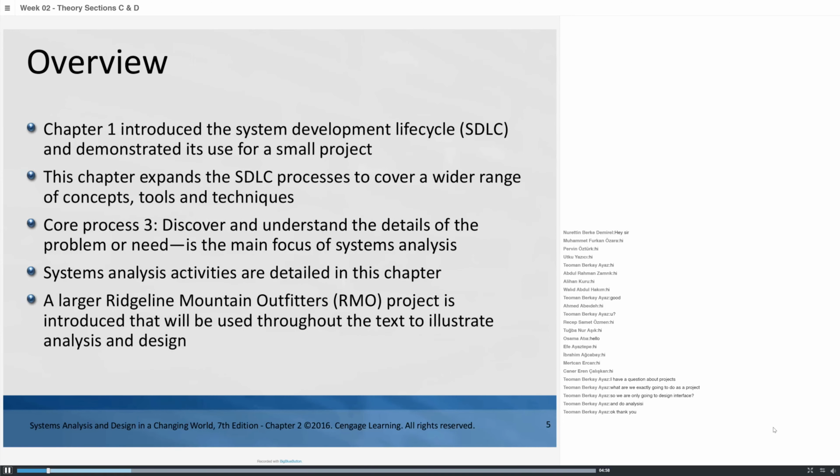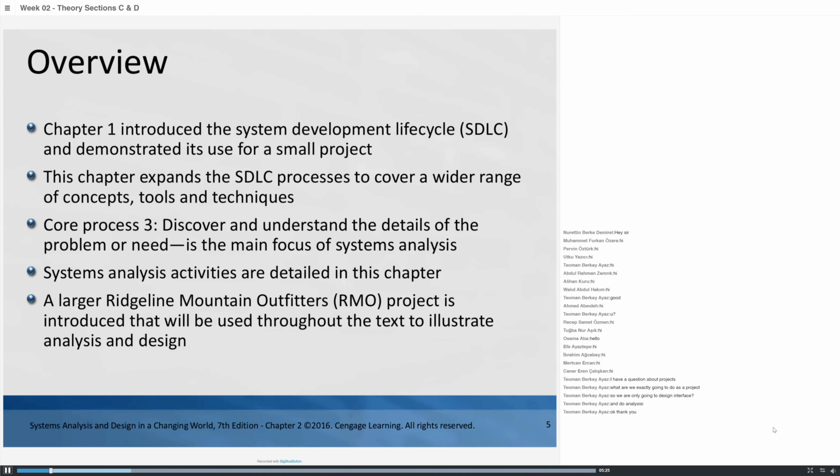Okay. In chapter 1, you saw the system development cycle, SDLC, being employed by RMO, Ridgeline Mountain Outfitters, which is a small information system application called Trade Show System.